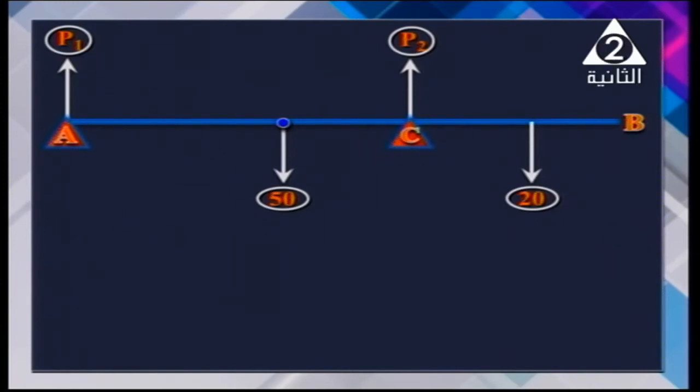Look at, my dear student, the 20 is 15 centimeters from B and B is 15 centimeters from C. The 50 Newton is 15 centimeters from C and 45 centimeters from A. My dear student, what is the length of AB?